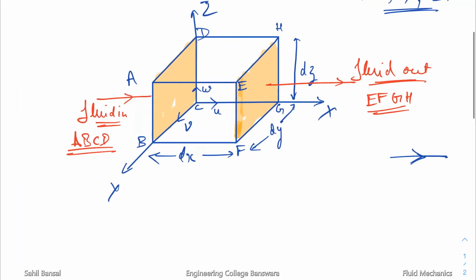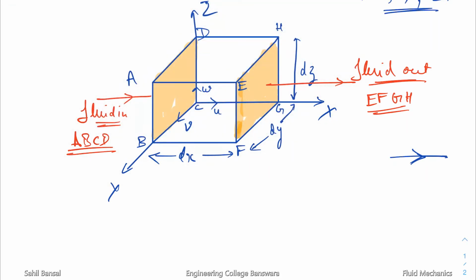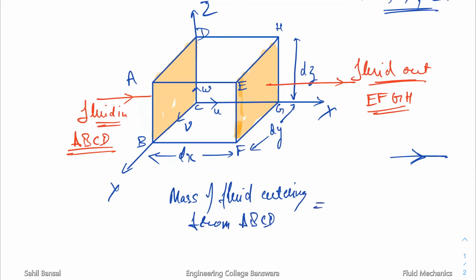So now, first let's write the equation for the mass of fluid entering through the face ABCD. What will it be? Rho, the density of the fluid, multiplied by, as we have already calculated in the last class, rho into V, the velocity.